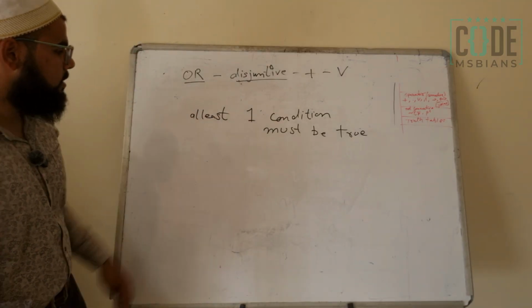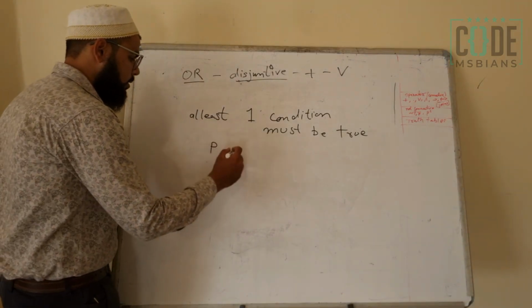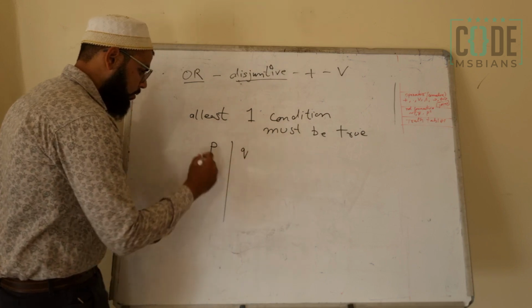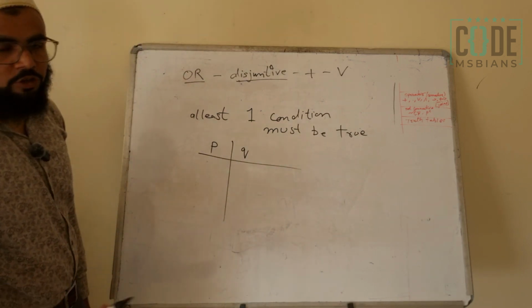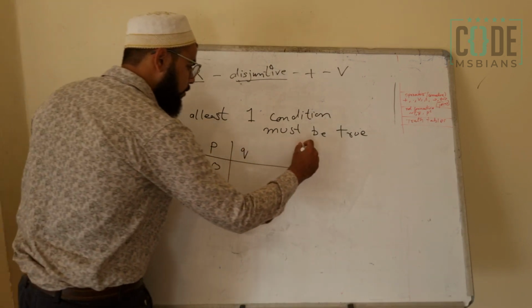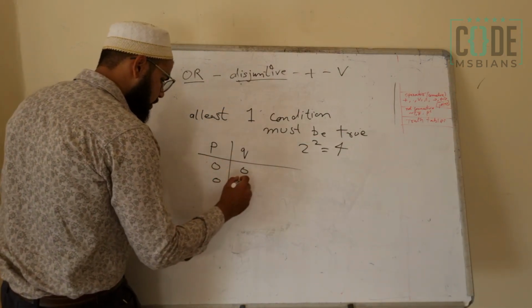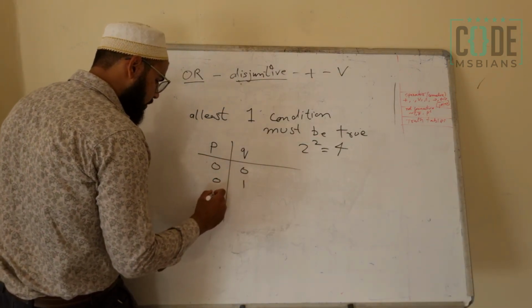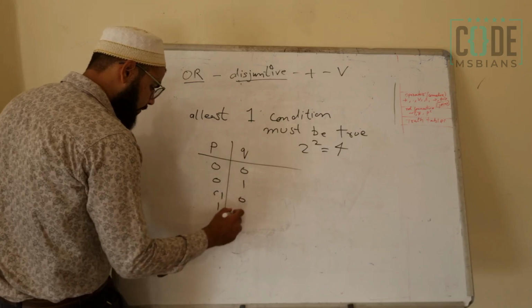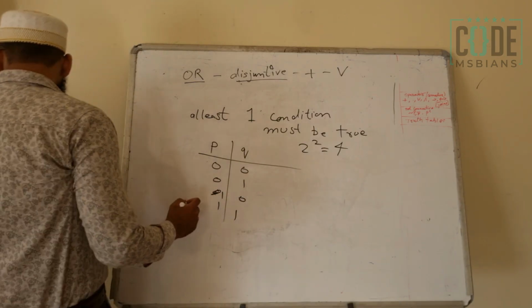Okay, so now let's say we have two statements, P and Q. As we know, the number of values possible is 2 power 2, which is 4. So 0 0 first, 0 1 second, 1 0 third, and 1 1 fourth.